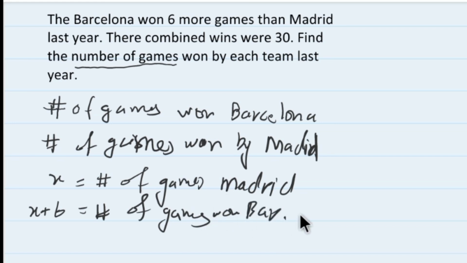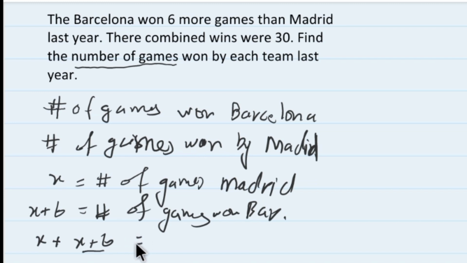Now the next step is to form the equation. Our problem says their combined wins were 30. That is, the number of games won by Madrid and the number of games won by Barcelona, their sum, is 30. That is x, the number of games won by Madrid, and x plus 6, the number of games won by Barcelona.